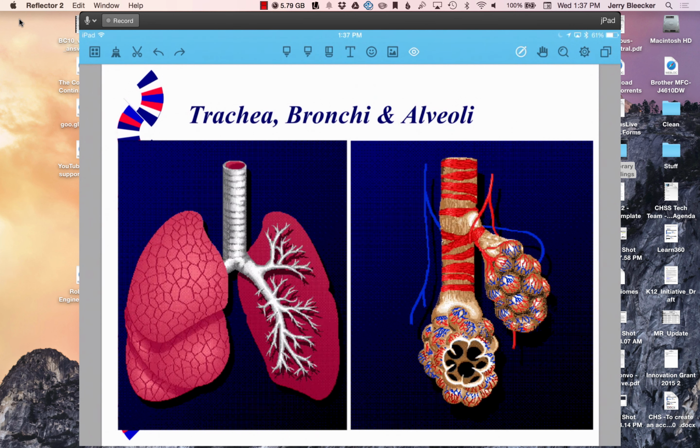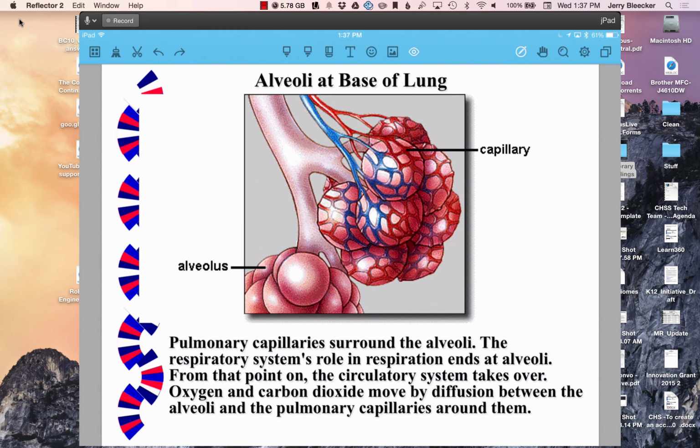So if you look at the lungs in this profile, you can see the bronchial trees. And when you look at the alveoli, you can see the blood vessels so well profiled. And the alveoli, they're literally cupped in these capillaries to allow for exchange.